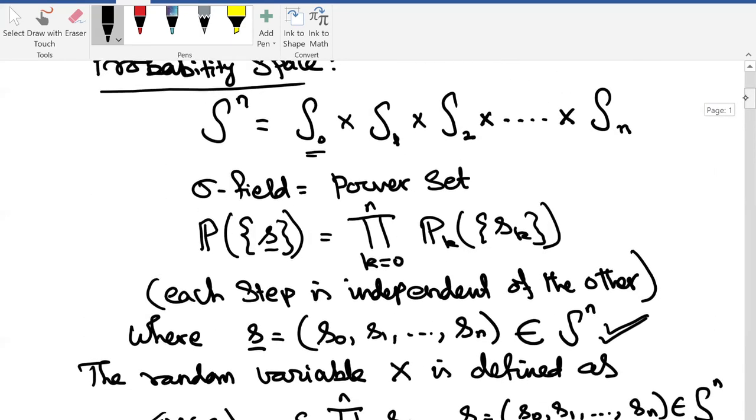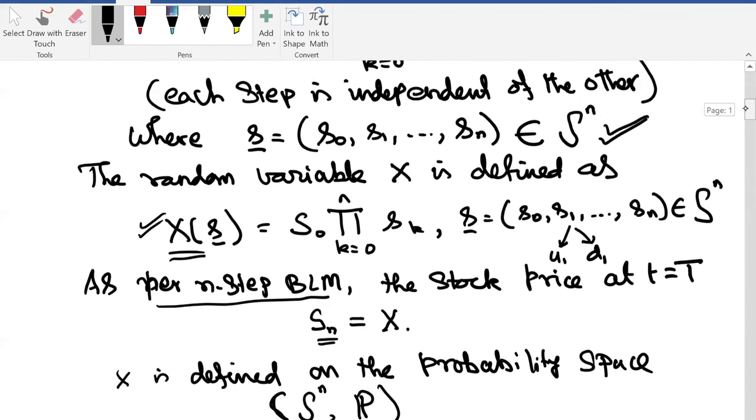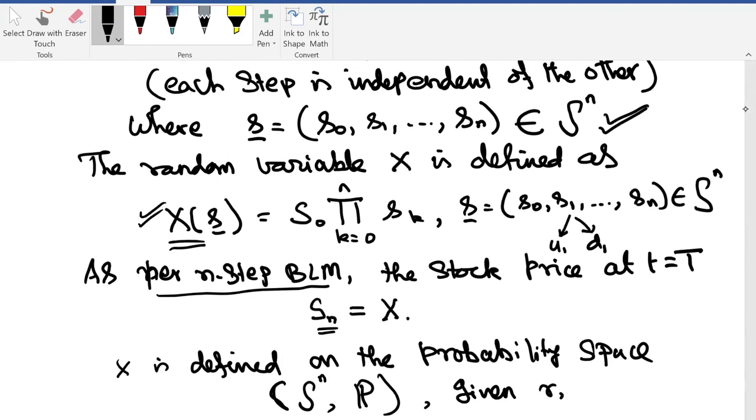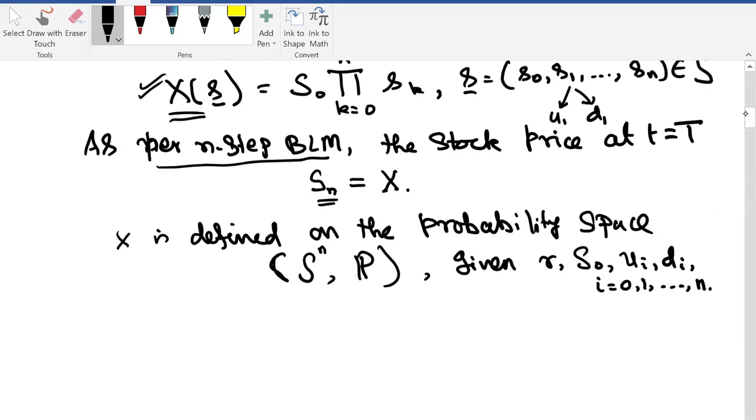So that's overall the summary of the method. R generally comes from your money market, S0 generally comes from your equity market. But how will you find U's and D's? That is up to you. There are many ways that people give to find these U's, D's and the p's.